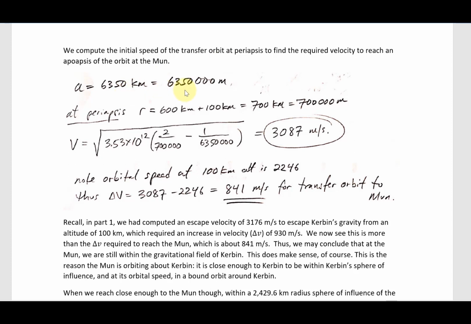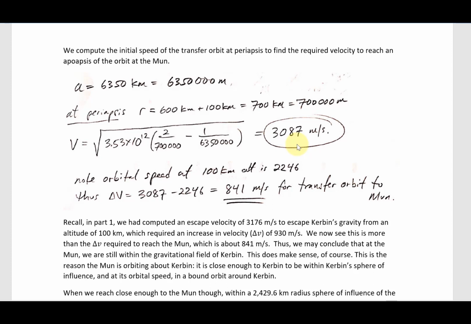That's 6,350,000 meters. And so the radius at periapsis is actually exactly the 700 kilometers or 700,000 meters. So with a radius at periapsis of 700,000 meters and a semi-major axis of 6,350,000 meters, and this particular gravitational parameter, plugging that into a calculator, I get 3,087 meters per second is the speed that you would need at periapsis, or you would have at periapsis on that transfer orbit.